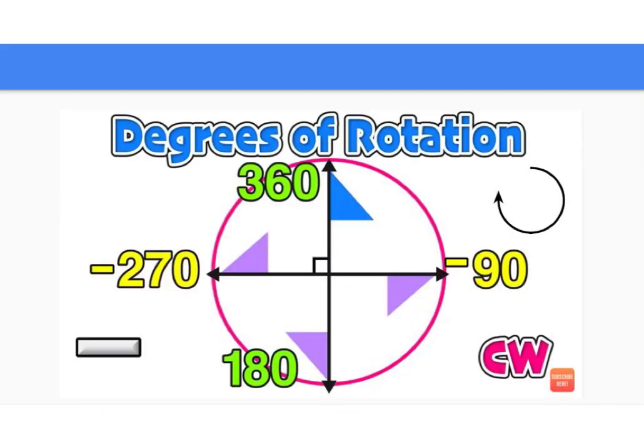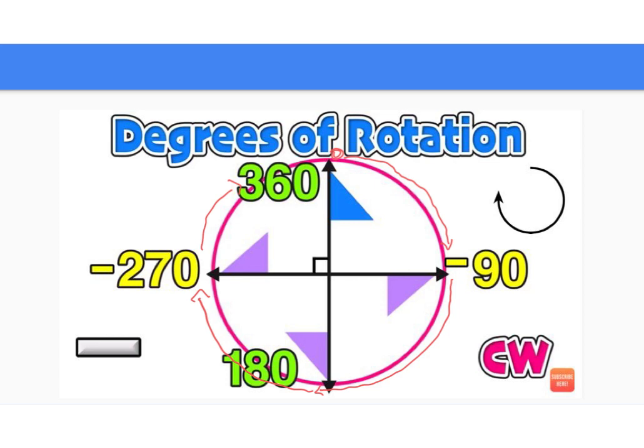So here's an example of what we mean. We have degrees of rotation, and you're starting at 0, and we're going all the way up, counting each degree until we get to 90. And then we continue, 90 all the way to 180, and then 180 to 270, and then 360 takes us back to where we started.